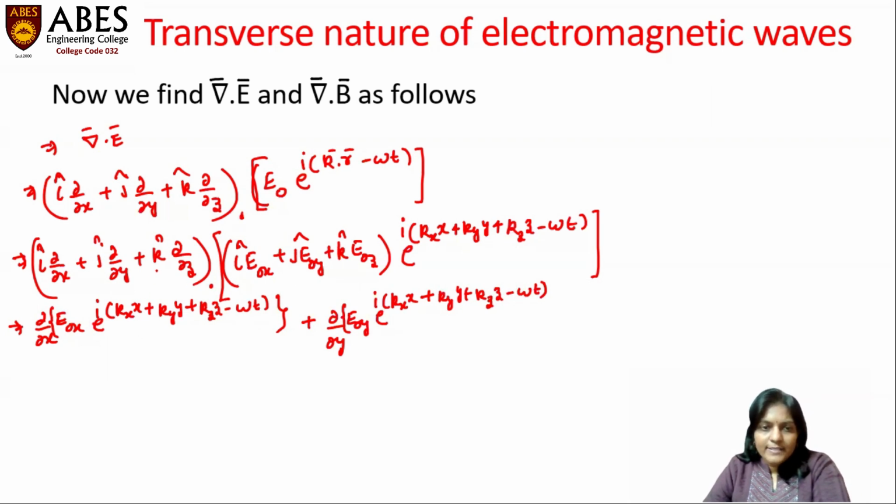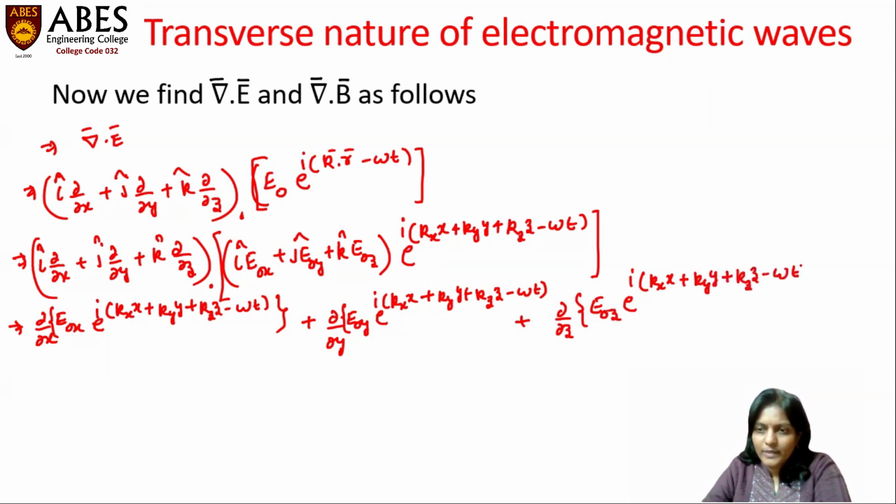And for del over del z, k dot k is 1, which can be written as del over del z, E0z, e raised to the power i(kxx plus kyy plus kzz minus omega t).